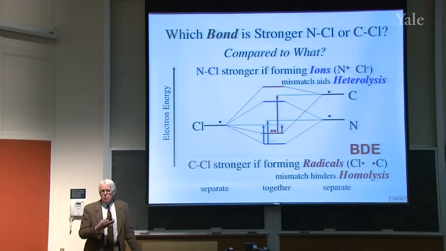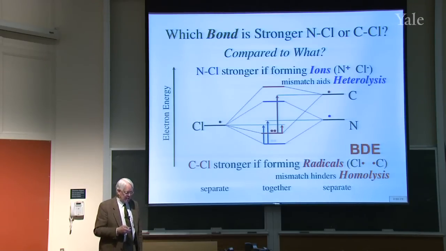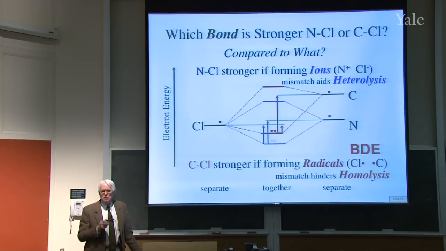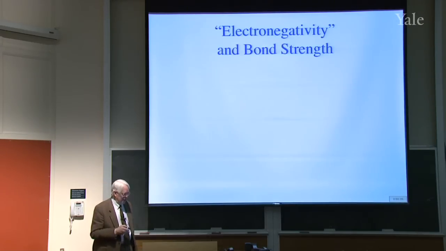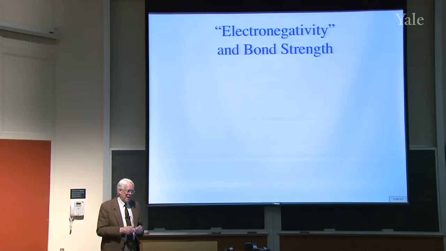So this is putting slightly more quantitative ideas to bear on why you have that difference in bond strength. But the idea of electronegativity being associated with bond strength is an interesting one that's worth tracing down a little bit. So I'm going to talk just a little bit today about electronegativity and bond strength.